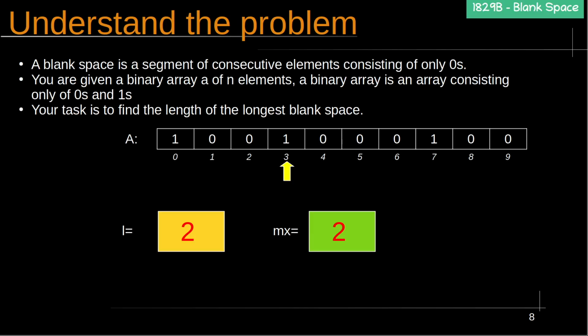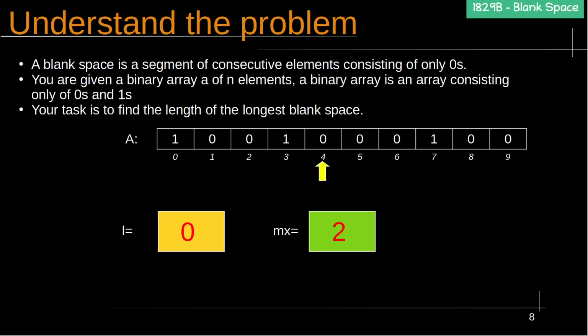At position 3, index 3, we have 1. It's not a blank space. What will happen here? L will be reset to 0 because the previous sequence is finished. It is of length 2. So until now the longest blank space is equal to 2. We go to the next position.